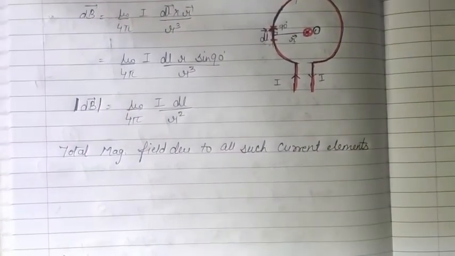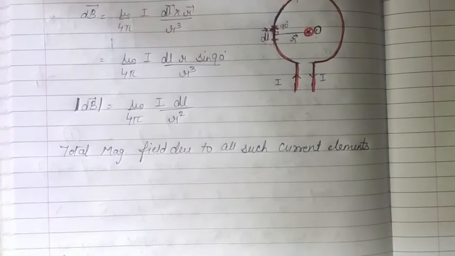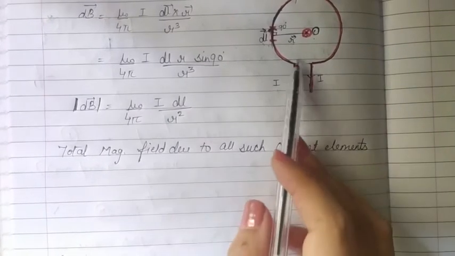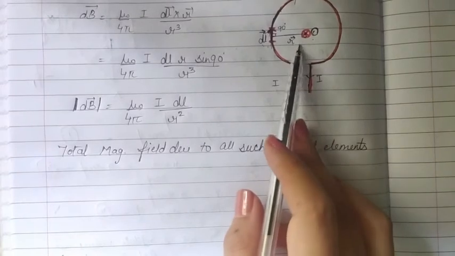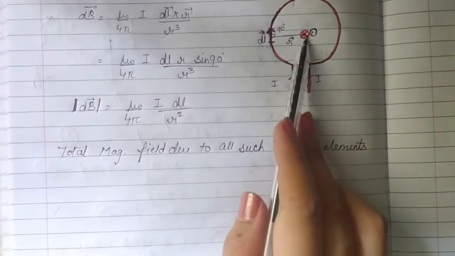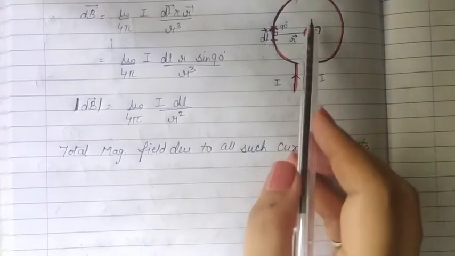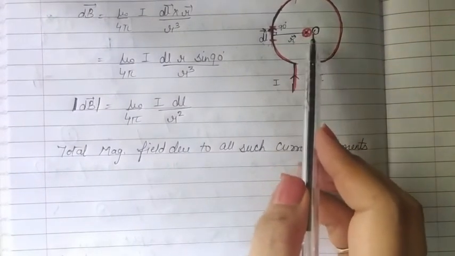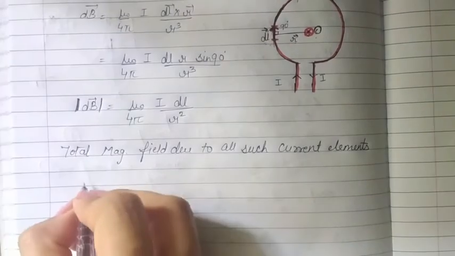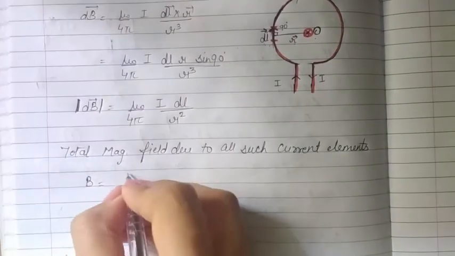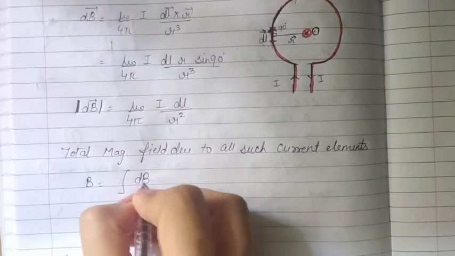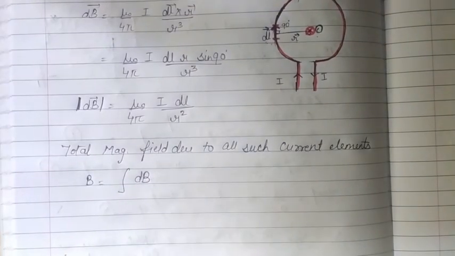So we want to calculate the magnitude of the field and the direction. So direction will remain same in all the cases, so the net field also has the same direction, that is normally into the paper, and the magnitude of the total field capital B is given by the integral of the field dB.